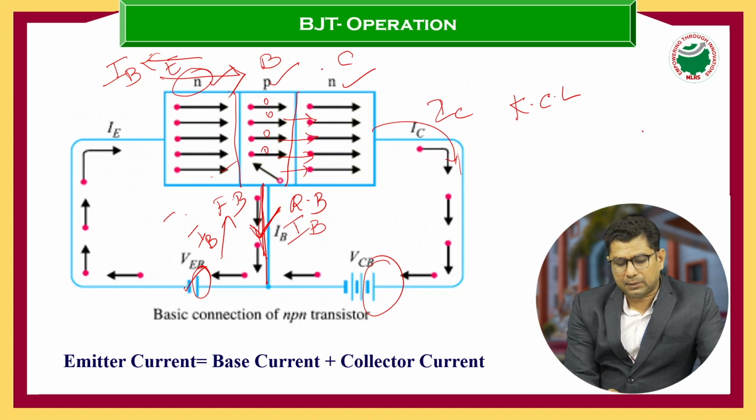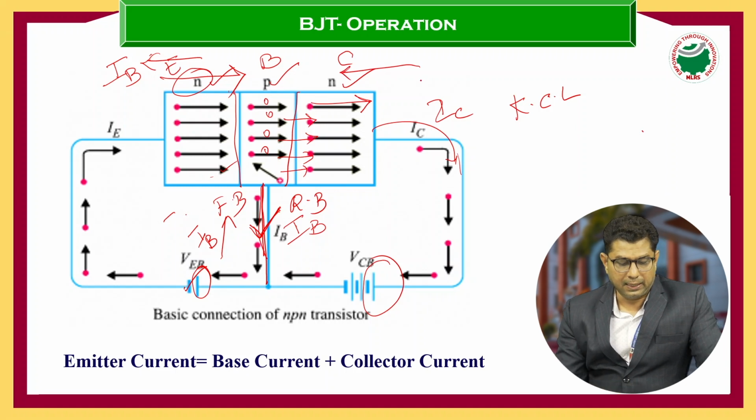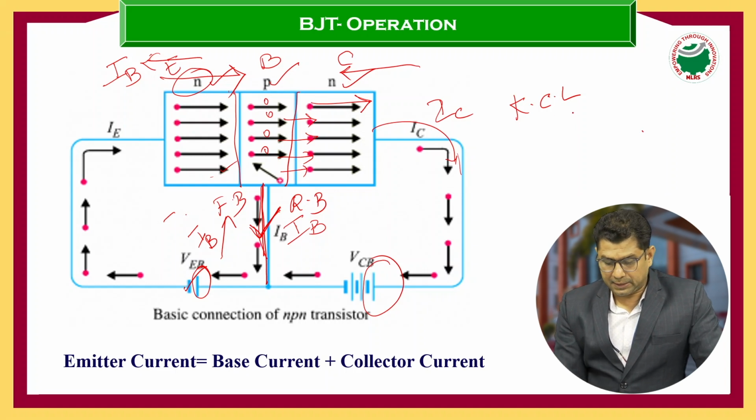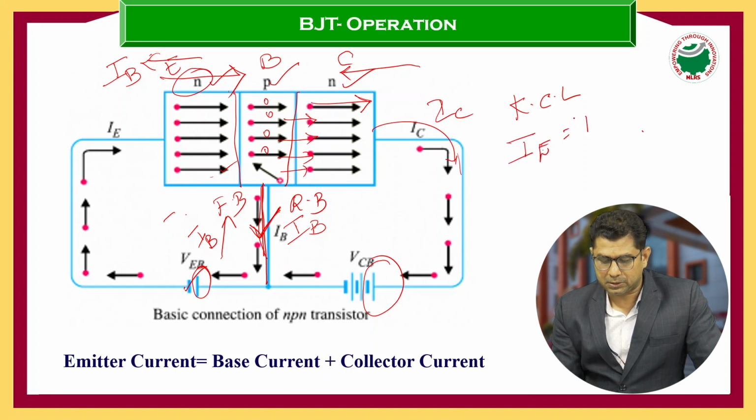In the collector, the electrons are moving in this direction, so the conventional current is towards the left side. So if we apply KCL, simply the emitter current is equal to the sum of the base current and the collector current.